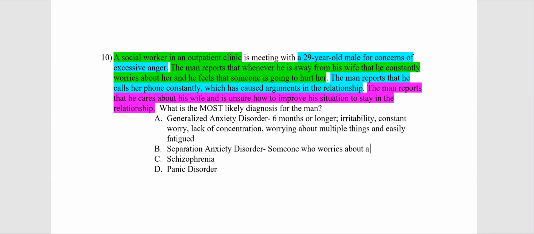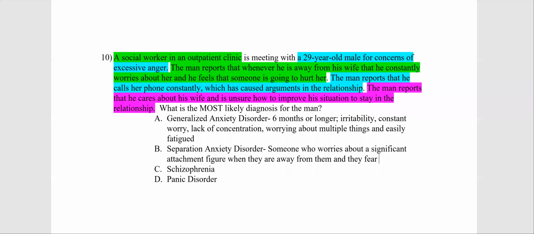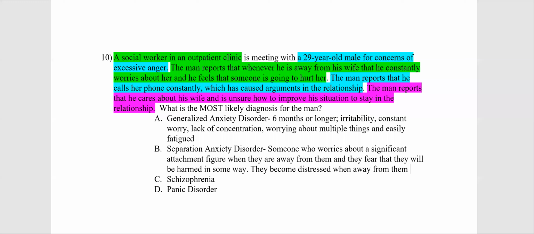when they are away from them, and they fear that they will be harmed in some way. They become distressed when away from them.